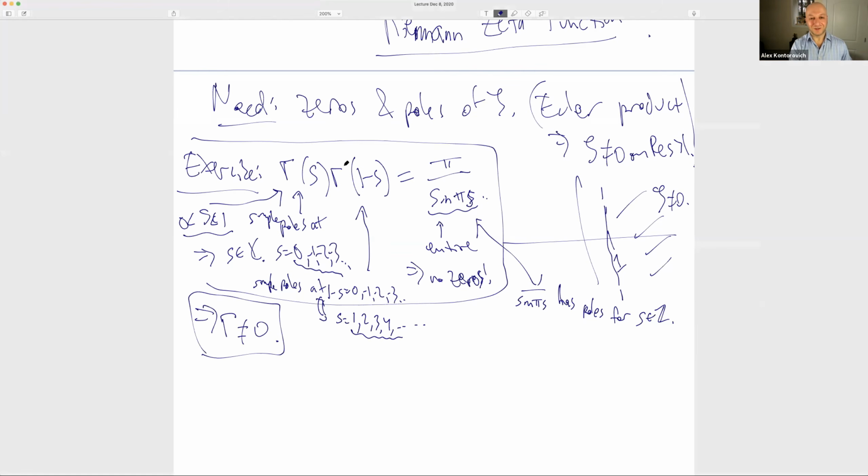If this vanished, either this would have to have a pole, which doesn't happen because sine is entire, so 1 over sine doesn't have a pole, or this side would have to have a pole where the other side vanishes. But the poles are simple poles and perfectly match the polar behavior on the other side. Okay, so we get that gamma is not equal to 0.